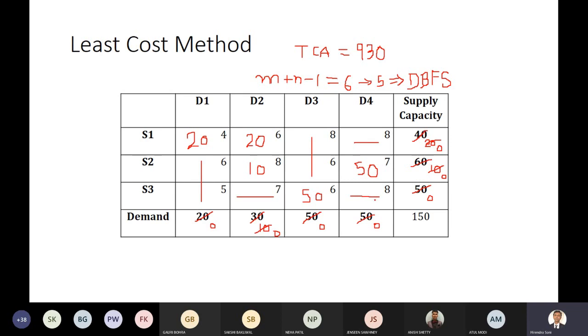So the last allocation may land up in a higher cost cell. That means you are running a risk. So the next method tries to take care of this risk. What it says is, wherever the risk is higher, focus on that first.